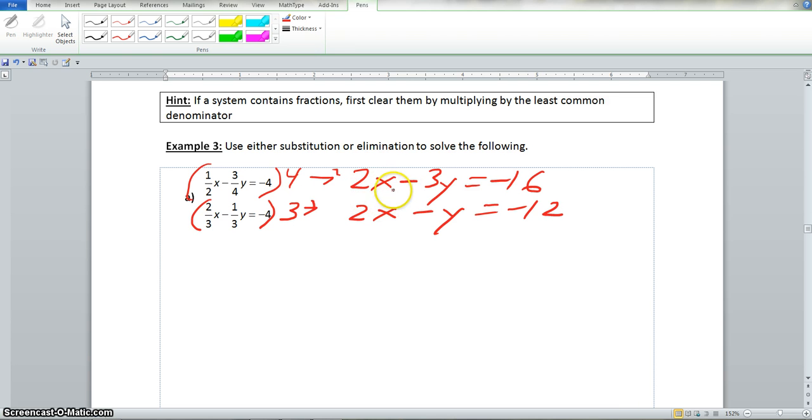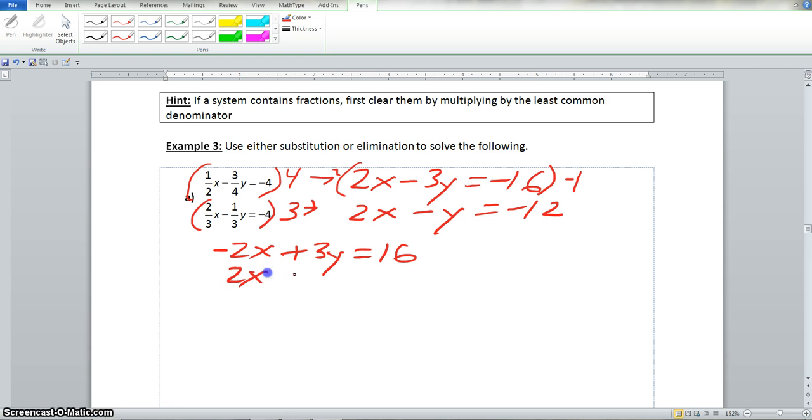Now, I think it would be easier to use the elimination method since we have the same coefficient for the x's. The only thing we need to do here is just change the sign. So what I would suggest is let's multiply the first equation by negative 1. So now we would end up with negative 2x plus 3y equals 16.